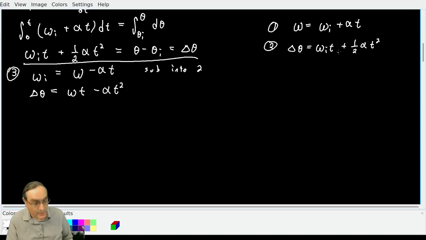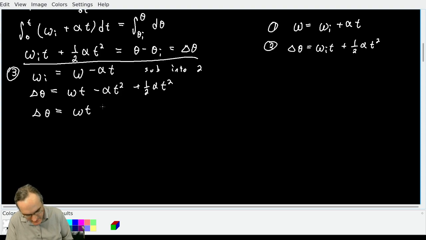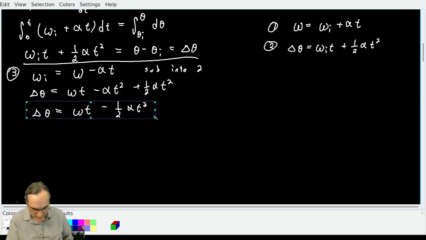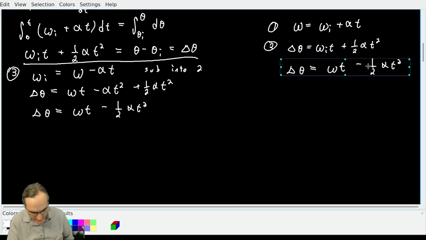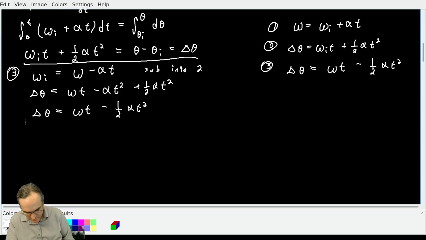That's just distributing the t, and then a plus 1/2 alpha t squared. And that will give delta theta is equal to omega t minus 1/2 alpha t squared. Okay, we are coming right along. This is going to be our equation number 3 now.